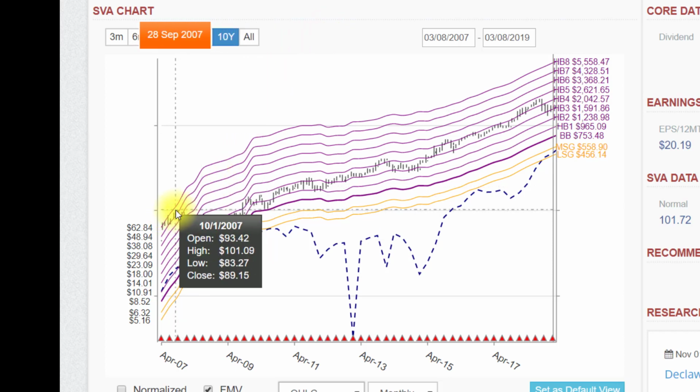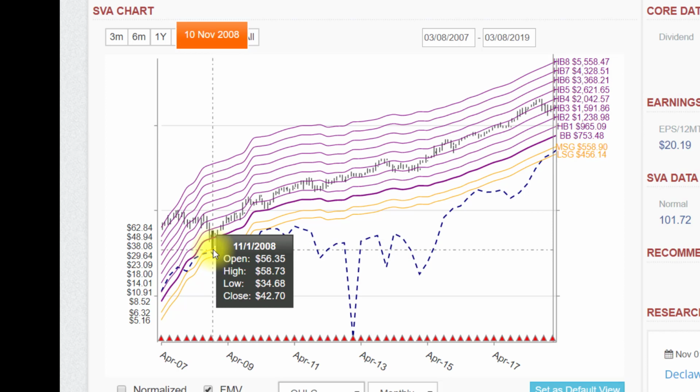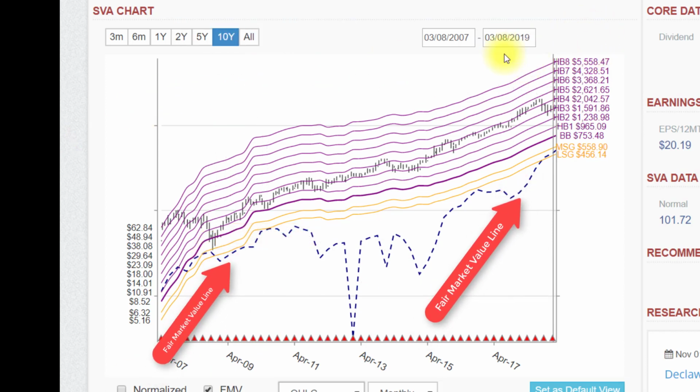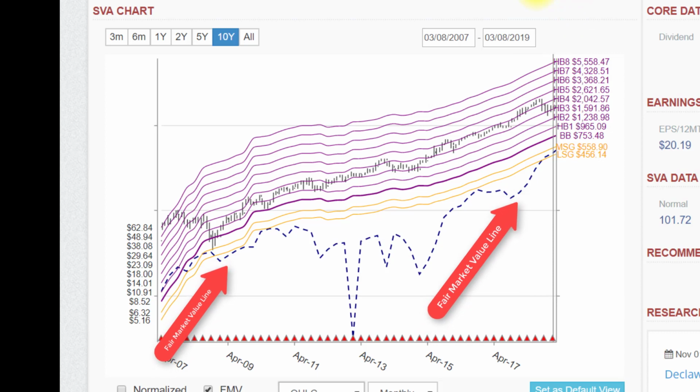Look at what happened back here in 2007. The stock fell from just a little over $100 way down to 34. That's a huge fall from grace, and it looks very much as if the stock is trying to do that once again. I would be very cautious of Amazon at this time.